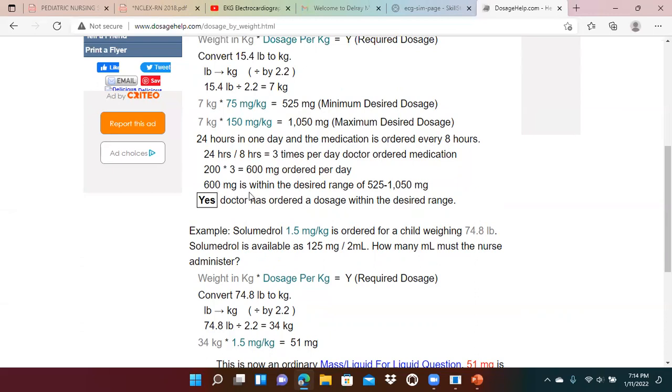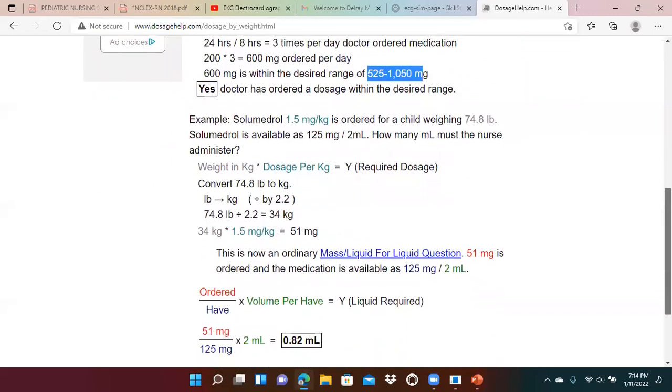And 600 milligram is within the desired range, 525 to 1050. So minimum and maximum, this is a total dose. Yes, it is per day for 3 times.